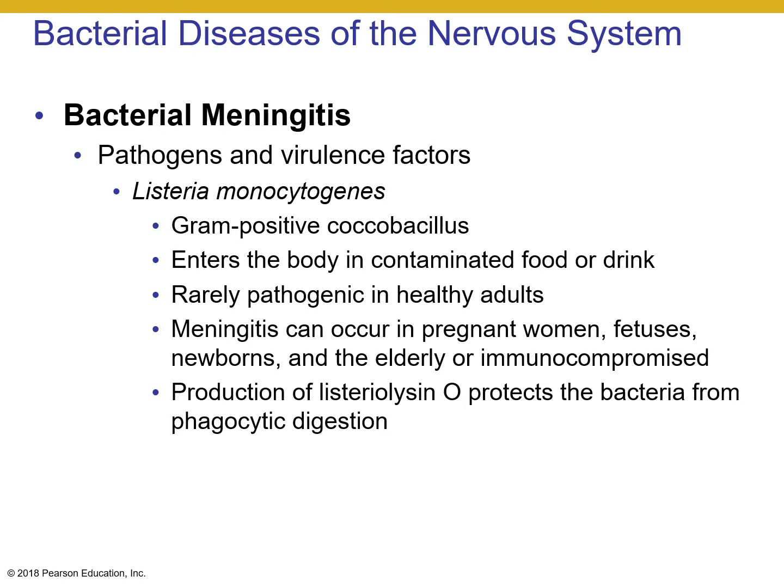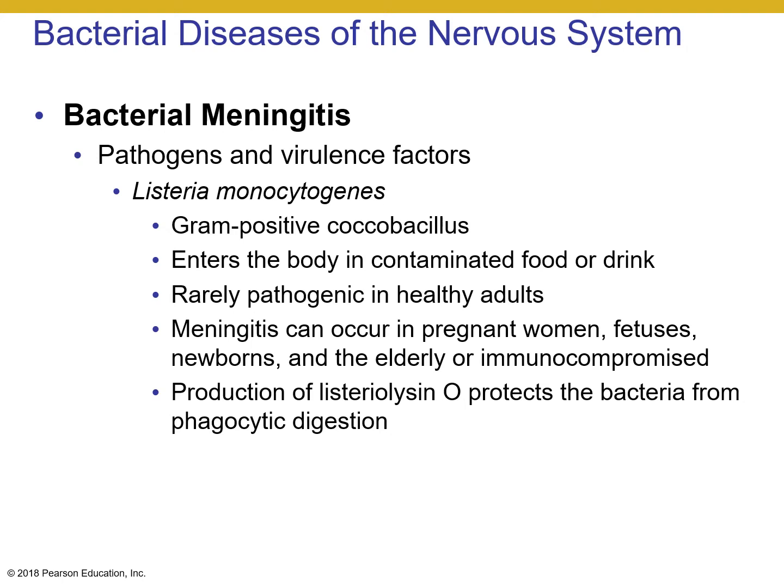Listeria monocytogenes is a gram-positive rod. A coccobacillus means that it's a very short rod. It comes in, we ingest it. In most of us, it is not pathogenic, but it can cause meningitis in those whose immune systems are compromised: pregnant women, fetuses, newborns, the elderly, people who are on chemotherapy, radiation therapy, or have autoimmune disease.